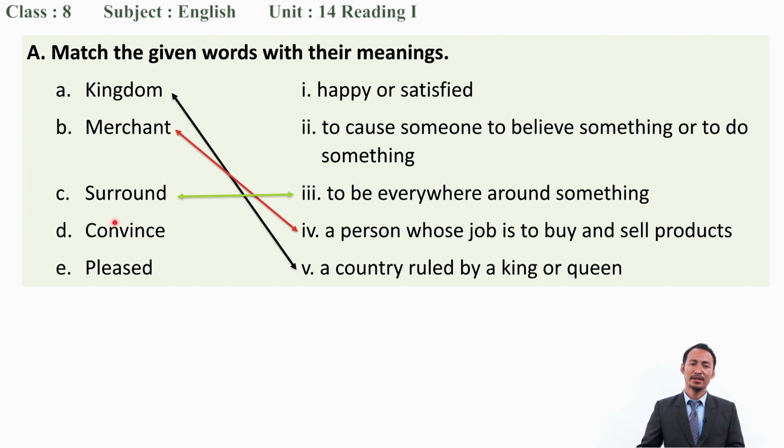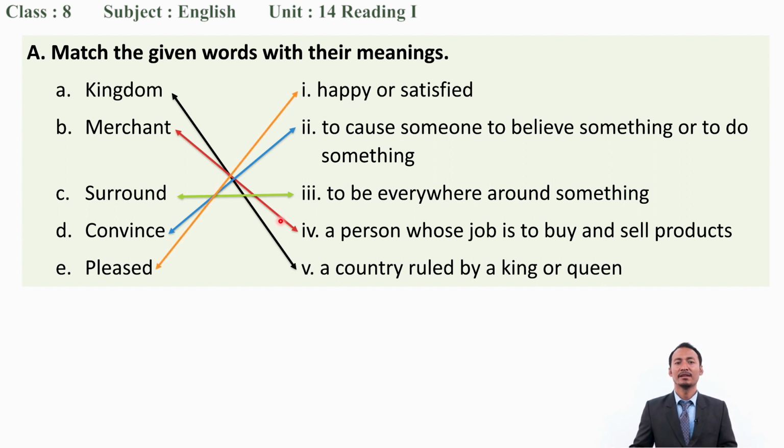Convince means to cause someone to believe something or to do something. And then we have the last one, pleased means happy or satisfied. Pleased हुनु भनेको के रहेछ खुसी हुनु है भाइ बहिनीहरु.